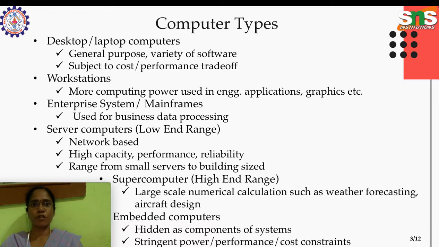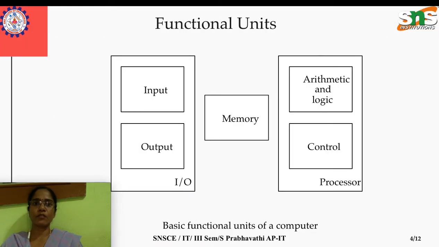So these are a few common types of computer systems, and next we will discuss the main topic, the functional units of the computer system. It is categorized into these varieties. This is the block diagram for the modern computer system, whose functional units are categorized as input unit and output unit, which combined we will call the IO unit.